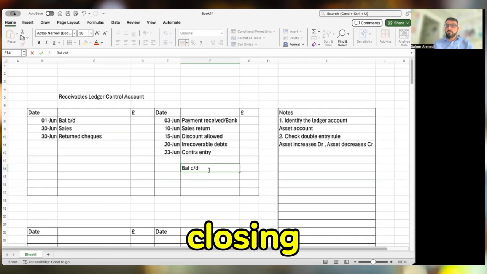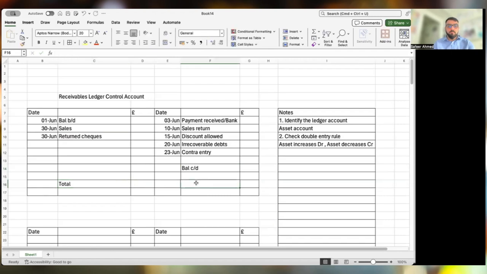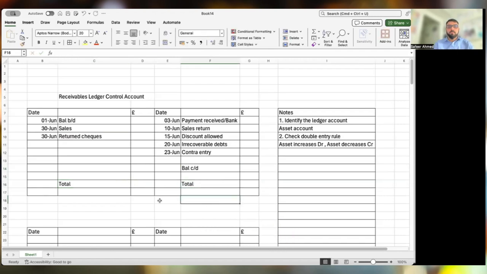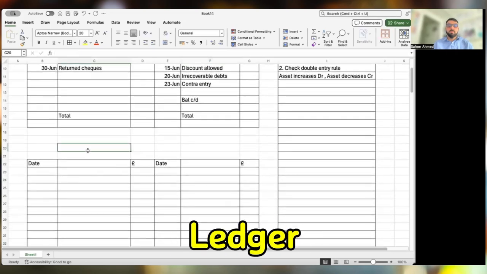In other words, it's a closing balance. Somewhere here we will have the total, the same on the other side. So that's in relation to the receivable ledger control account. The same sort of approach we will be using for the payables ledger control account.